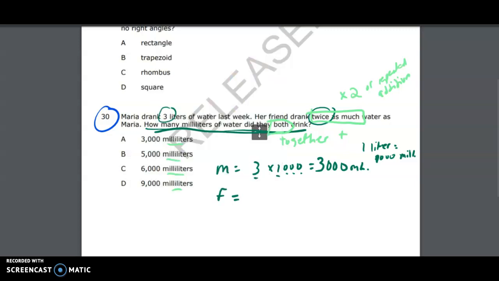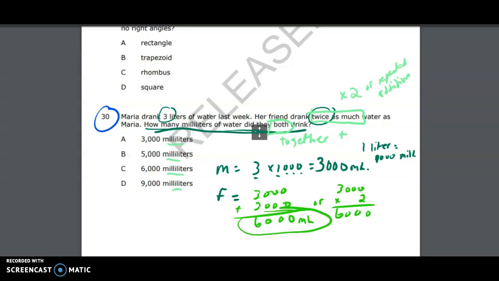Her friend drank twice as much water as Maria. So if Maria drank 3,000, her friend drank twice as much. You can do repeated addition and add it one more time to itself, or you can multiply it. 3,000 times 2, you get the same answer. Regardless, her friend drank 6,000 and Maria drank 3,000.